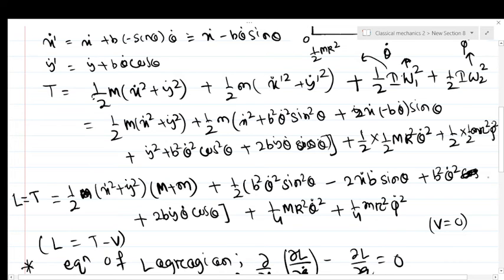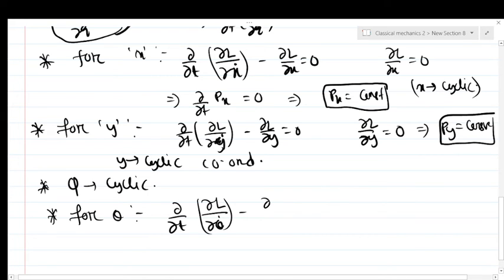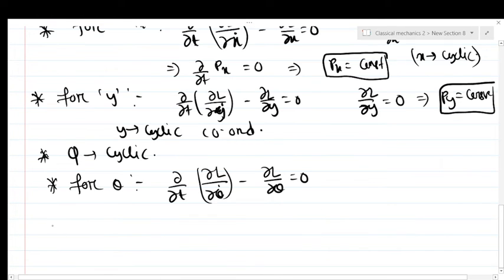So the equation of motion for theta will be: for theta, del L by del theta dot, del by del t, minus del L by del theta will be 0. If you do the simplification, you will get the equation of motion. I am not doing it here because it is a little lengthy, but you can find it on your own.